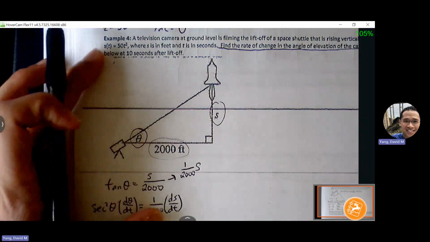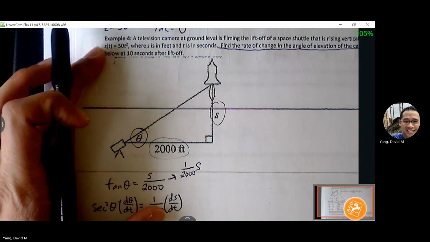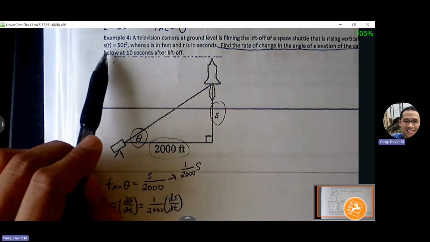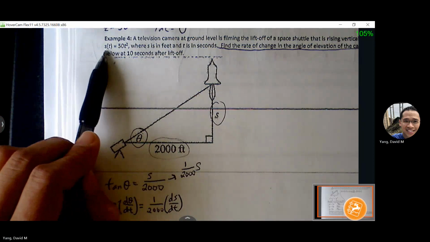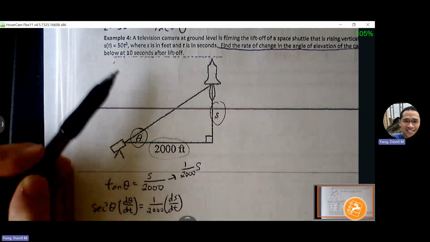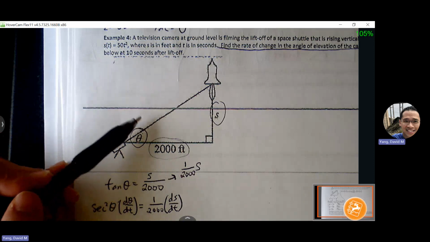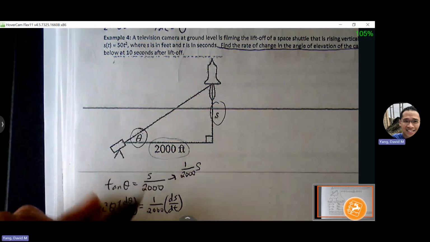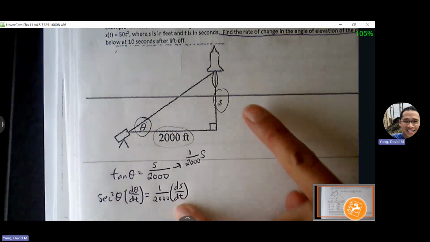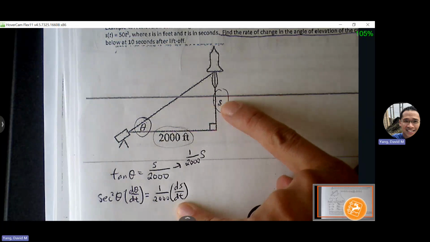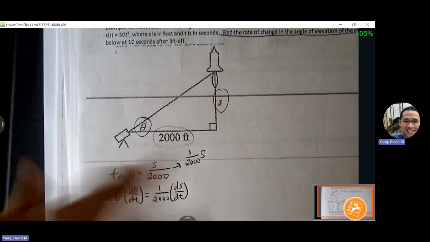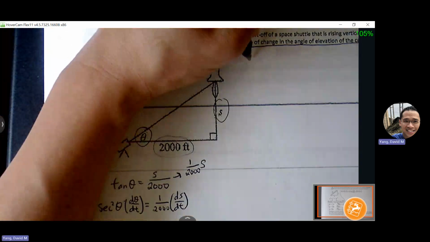What's another word for derivative? Okay, how about if I say this? This is position. What do we call the derivative of position? Velocity. Yeah. So basically, I want to help you understand that ds dt is really talking about the velocity of this rocket at the moment in time. Okay, so ds dt or s prime.